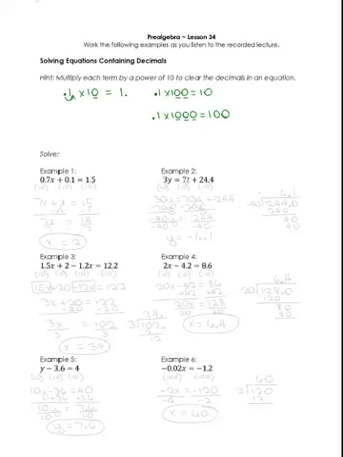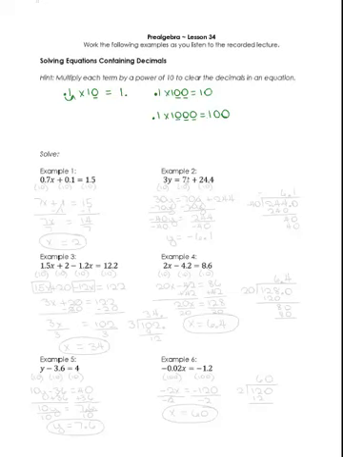Now, when we're dealing with equations, we want to clear decimals just the same way we cleared fractions. It's easier for us to solve equations when we're dealing with whole numbers. So what we need to decide is what number do I multiply by? 10, 100, 1,000? Well, the number of decimal places in my equation will tell me the largest number of decimal places.